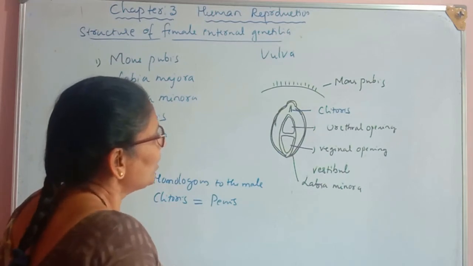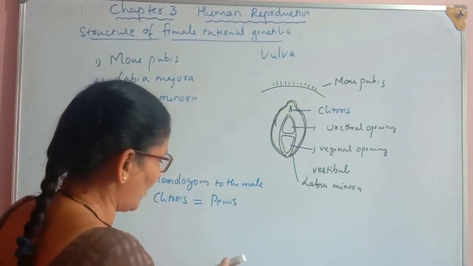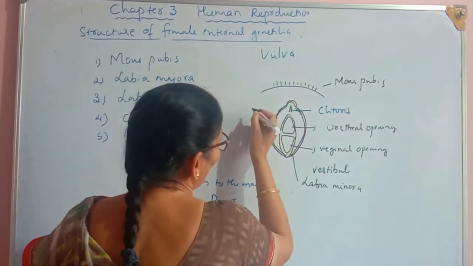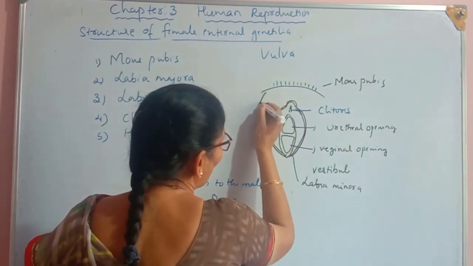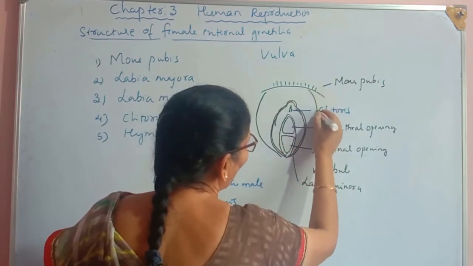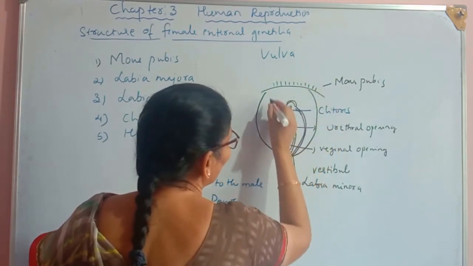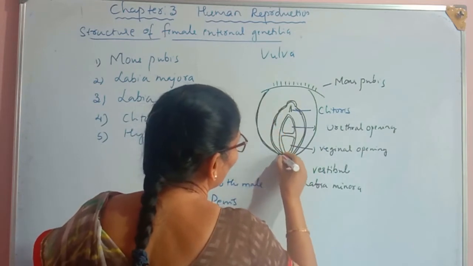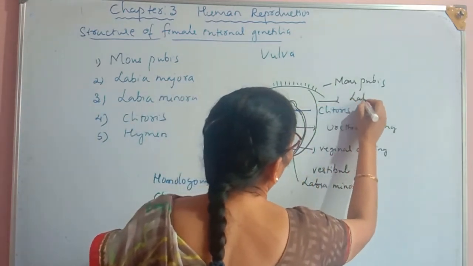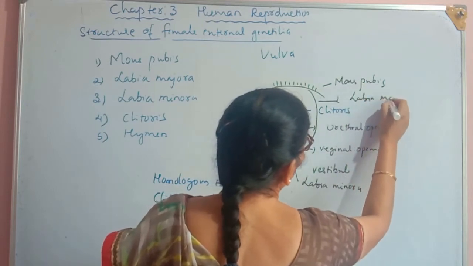This labia minora is covered externally by a large membranous structure which extends from the mons pubis and covers up to the vaginal opening. This layer is called the labia majora.